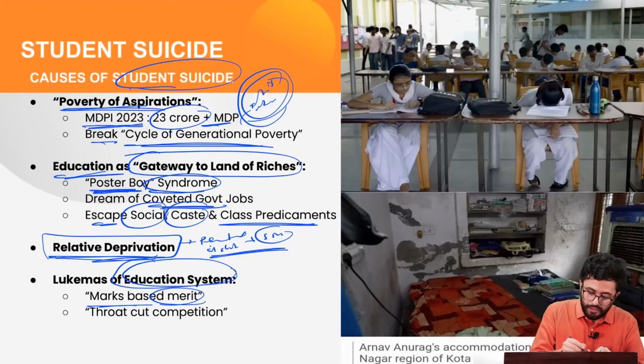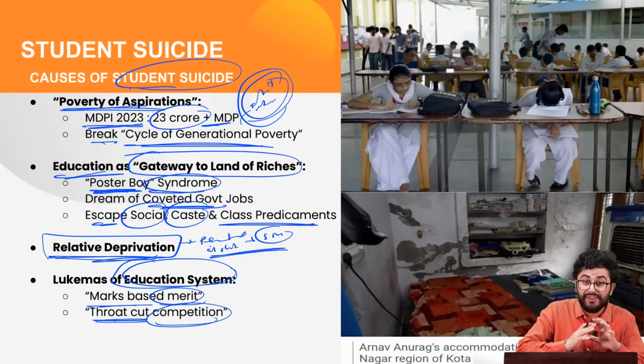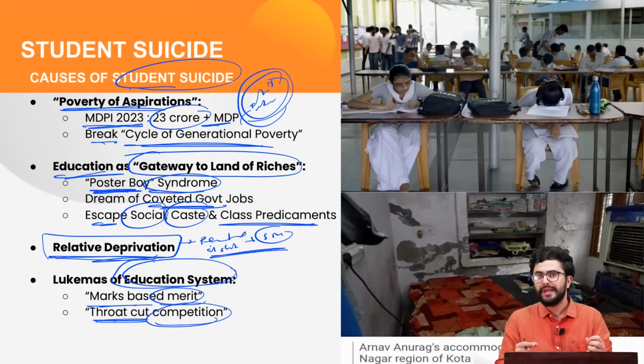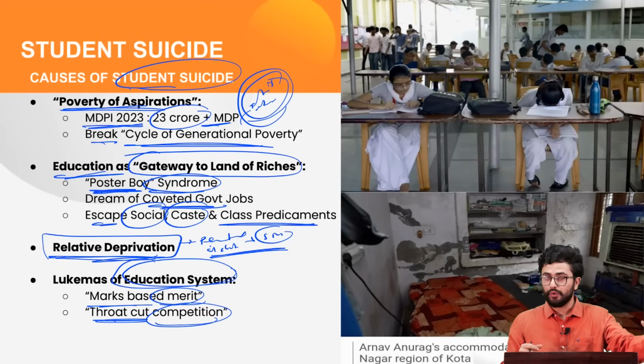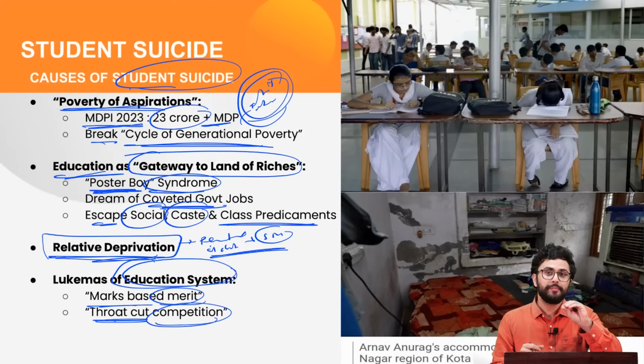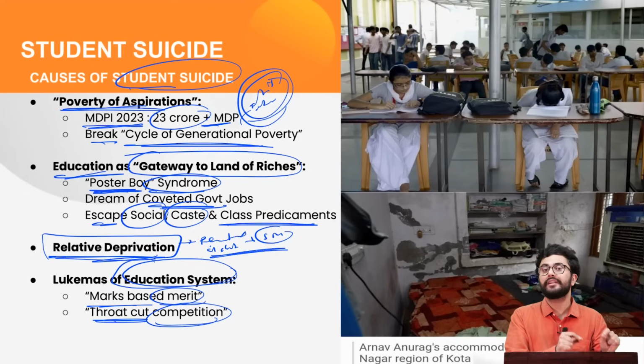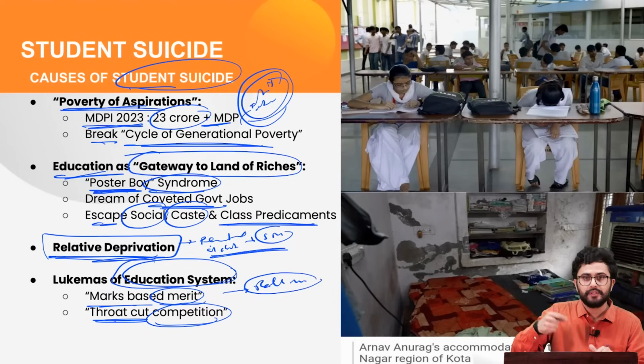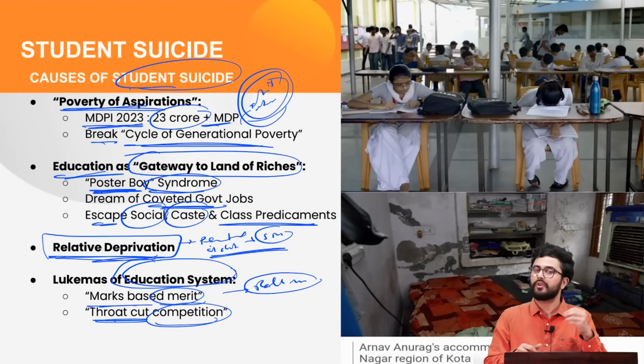Then there exists a throat-cut competition within this education system, where your capability or merit to succeed in your future life is completely based upon the numbers you get in your report cards, where if your years of hard work do not translate into the final roll number in the result of some prestigious institution or some government examination, then you will suddenly become a burden not only on the family but on society as well.